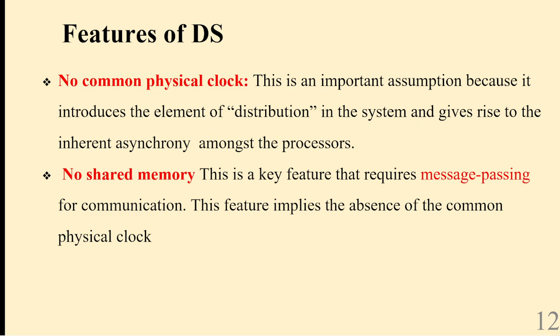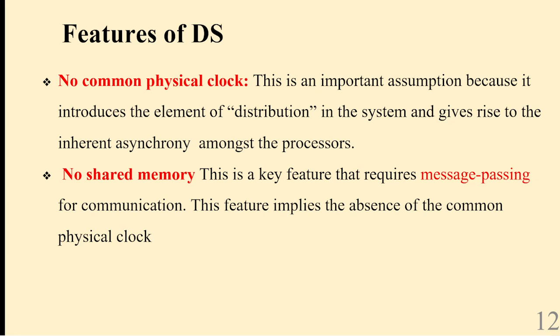The problem that comes up here is that if computer A says, I sent a message at 10 a.m., that is according to the clock of computer A. And computer B says, I received the message at 9:59 a.m., that is because of computer B's clock.